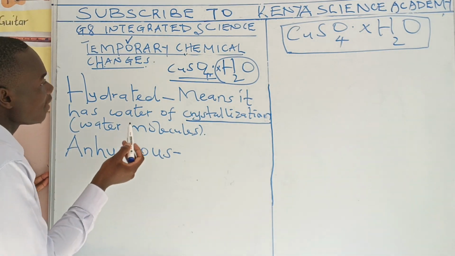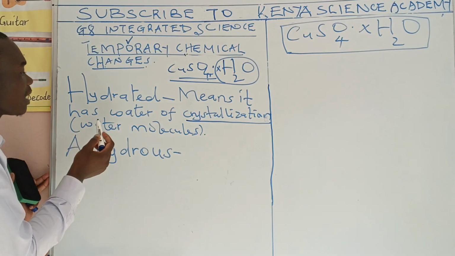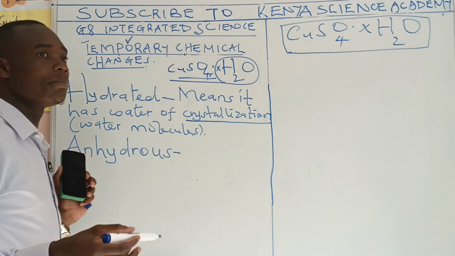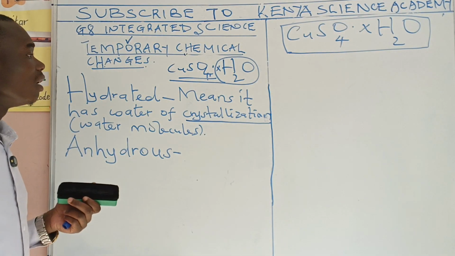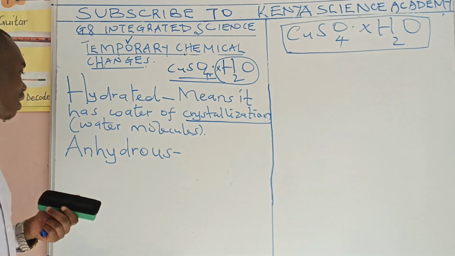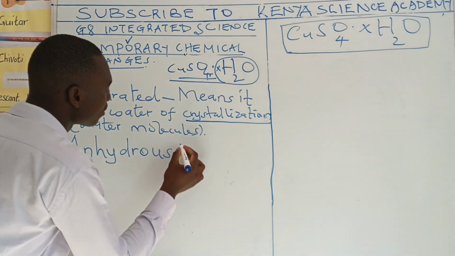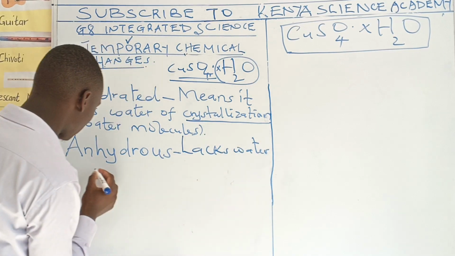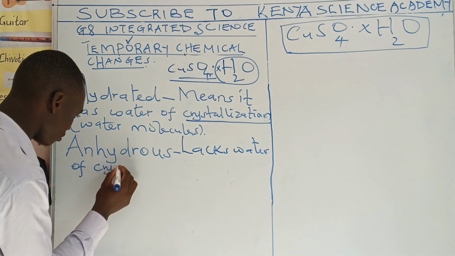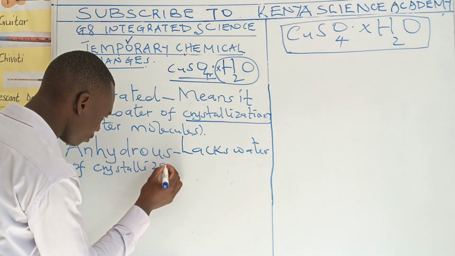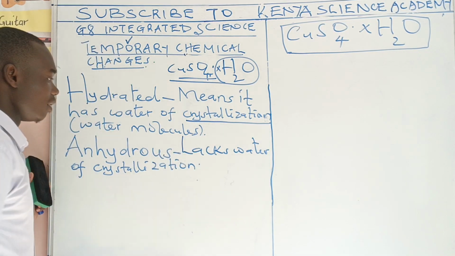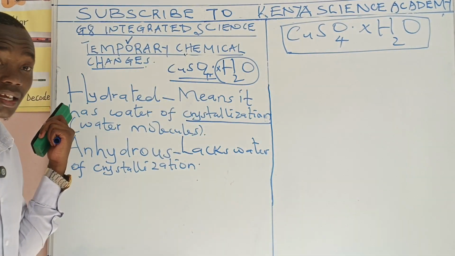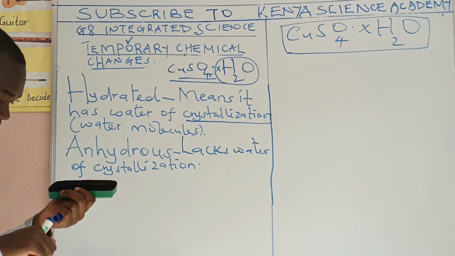So it therefore means that hydrated means it has a water of crystallization. It has some water molecules in it. So hydrated means water. That is why you say, I'm hydrated. Anhydrous means this one lacks water of crystallization. Yes, that is the difference between hydrated and anhydrous.